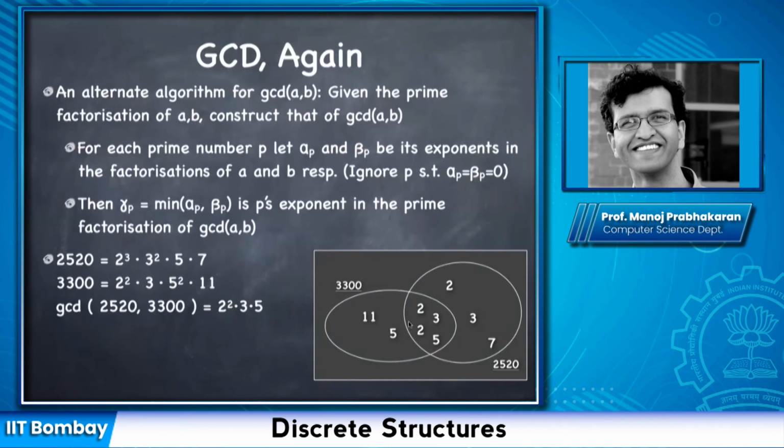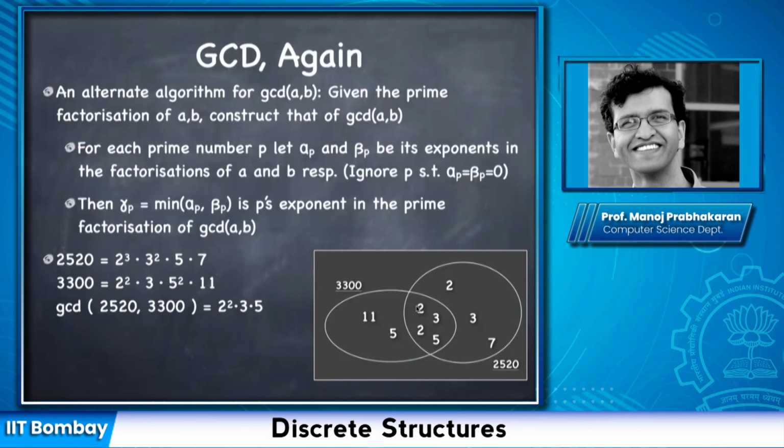And here is a visualization of this prime factorization. For the number 3300, I wrote down its factors in such a way that each copy of 2 shows up as a different number here. So I have 2 copies of 2 inside the factorization of 3300. Let's think of it as the first copy of 2, second copy of 2. And for 2520, there are 3 copies.